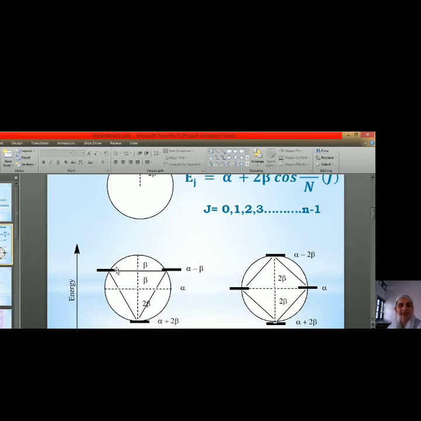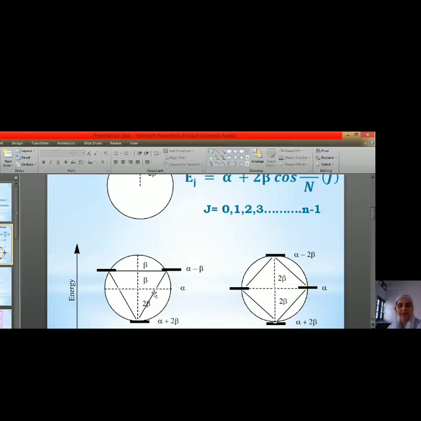The intersections of the polygon with the circle give rise to MOs.